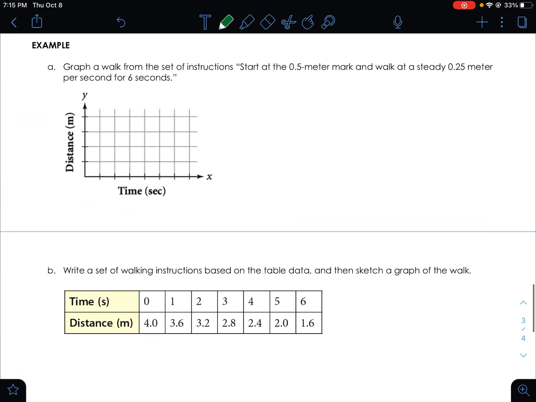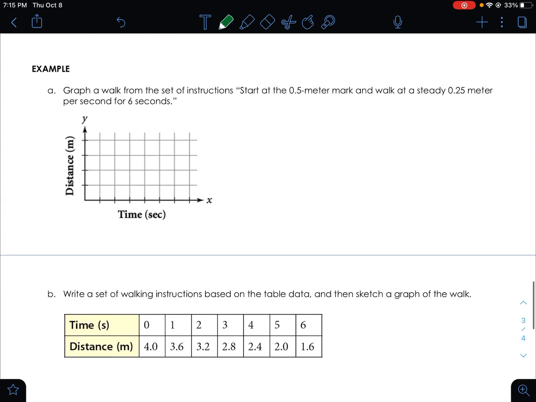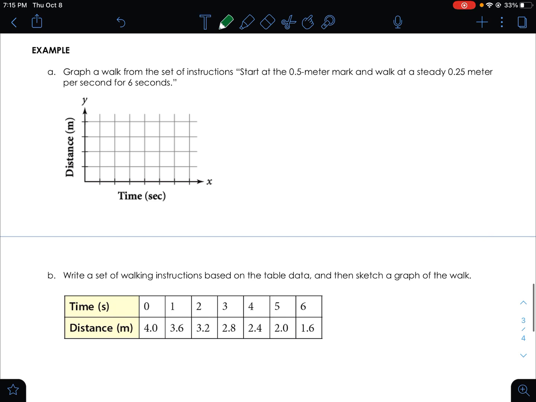we'll go ahead and look at these two examples here. So in this first example, it says graph a walk from the set of instructions. Our set of instructions are start at the 0.5 meter mark and then walk at a steady speed of 0.25 meters per second for 6 seconds.